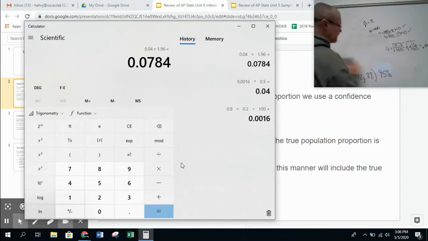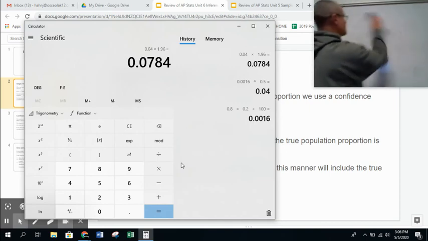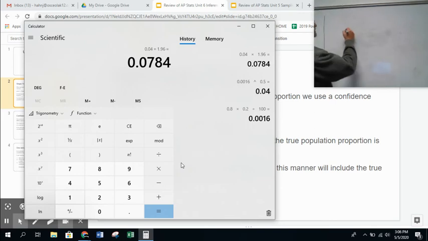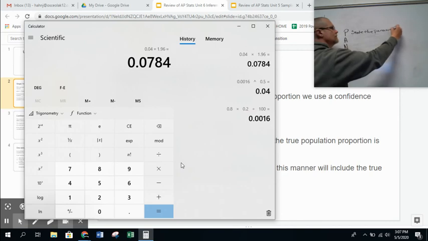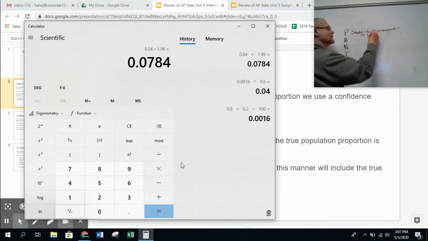To get the most points, you need to follow PANIC. PANIC was: state the parameter in context. We are trying to estimate the proportion of people at the high school who know somebody who has cancer.